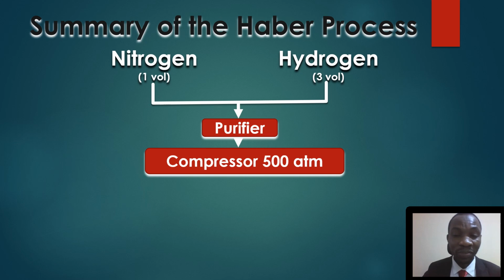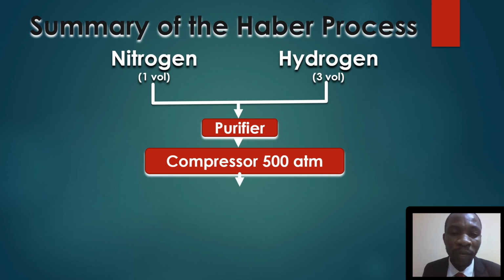In that chamber, the pressure is going to reduce, and then it will be moved to still another chamber, and the pressure will continue decreasing until it reaches 200. So the other chamber which the gaseous mixture is taken through is the heat exchanger.